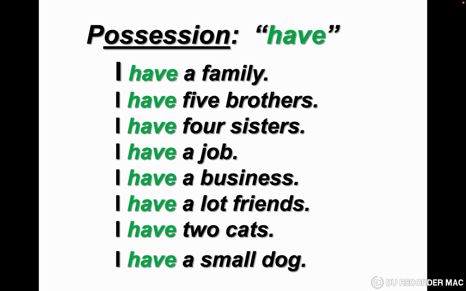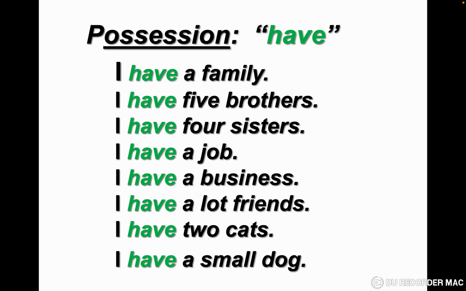I have 5 brothers. I have 4 sisters. I have a job. I have a business. I have a lot of friends. I have 2 cats. I have a small dog. So these sentences are positive because we don't have the negative word not, and we don't have a question mark, and we don't have do at the beginning of the sentence.